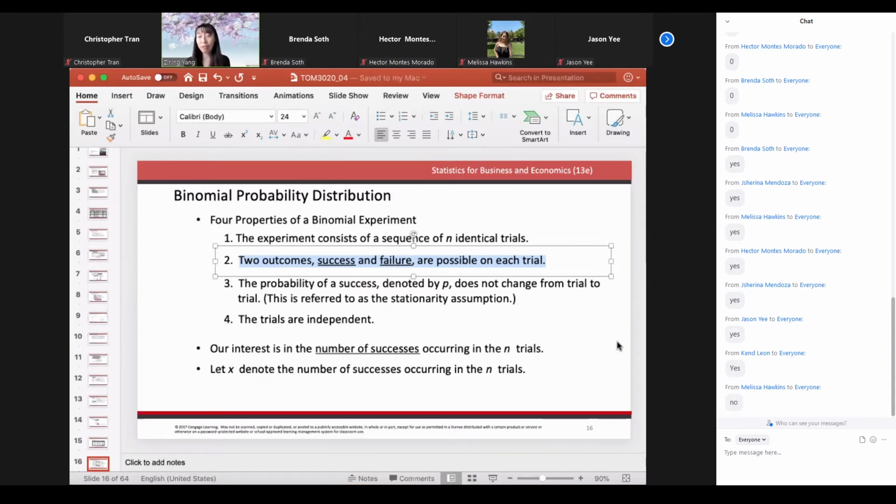I can define having a job as success, not having a job as failure. Or I could define having a job as failure, not having a job as success. So it doesn't matter as long as you only got two outcomes. Then we need to use this binomial probability distribution that uses a different set of formulas.